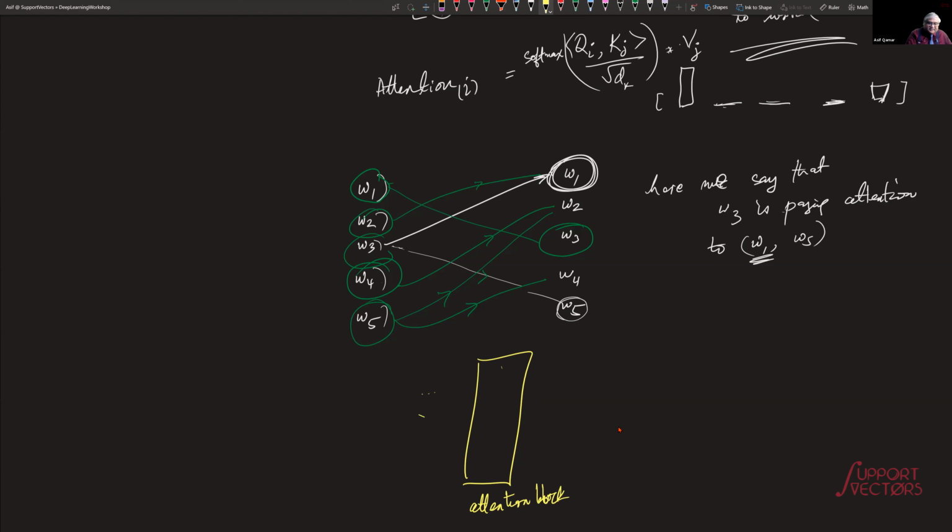You have given it the x1 to xn, all the words in the sentence. You got your k1, q1, v1, and kn, qn, vn. And from this, you got the attentions. What is the attention vector here?